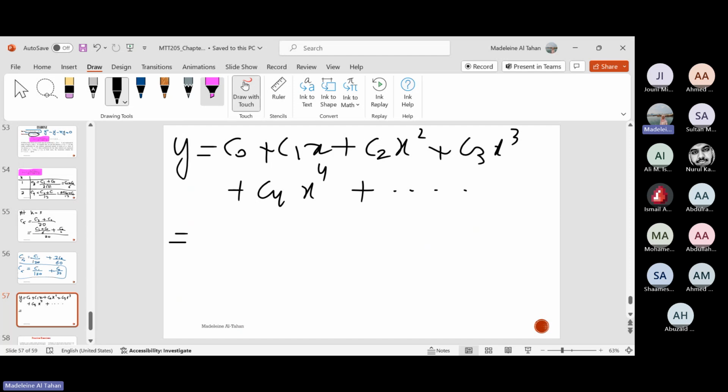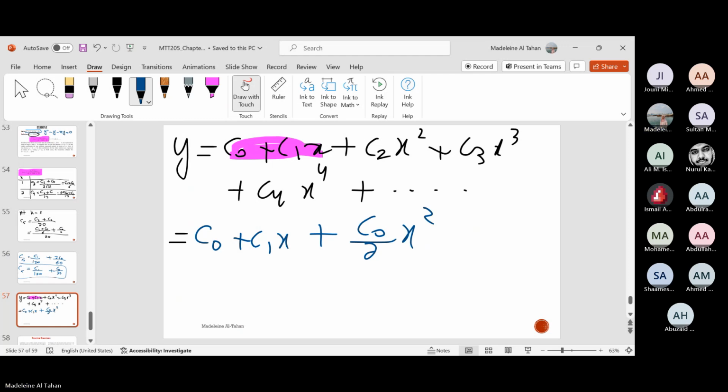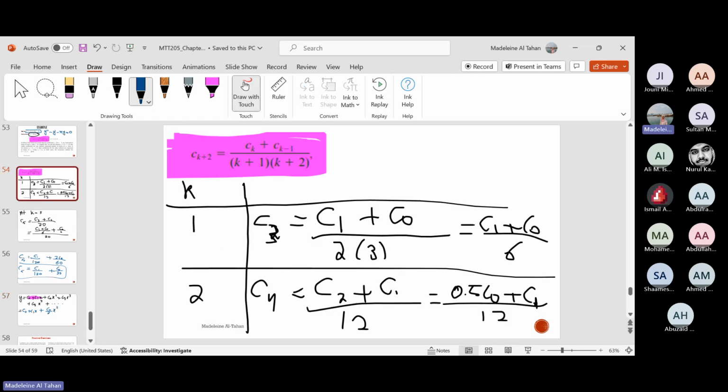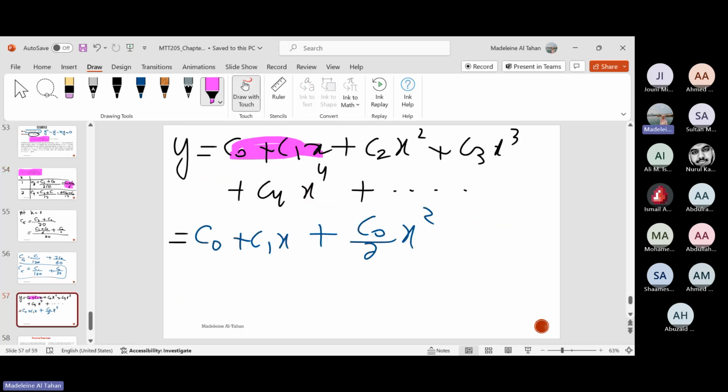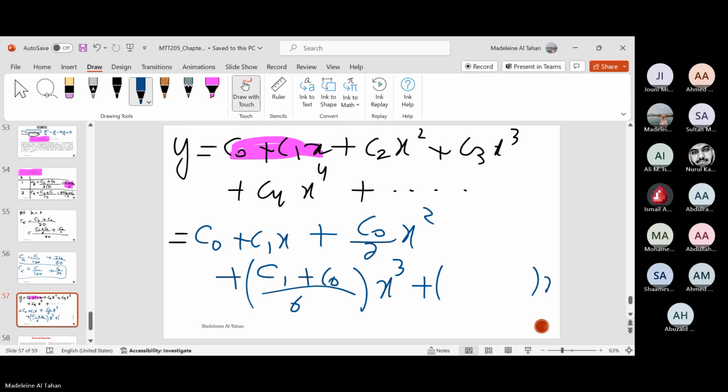Now, C0 and C1, I will keep them the same. C0 plus C1x, and C2x squared is C0 over 2 x squared. C3 was C1 plus C0 over 6, so we will write here C1 plus C0 over 6, x cubed, then x to the fourth.